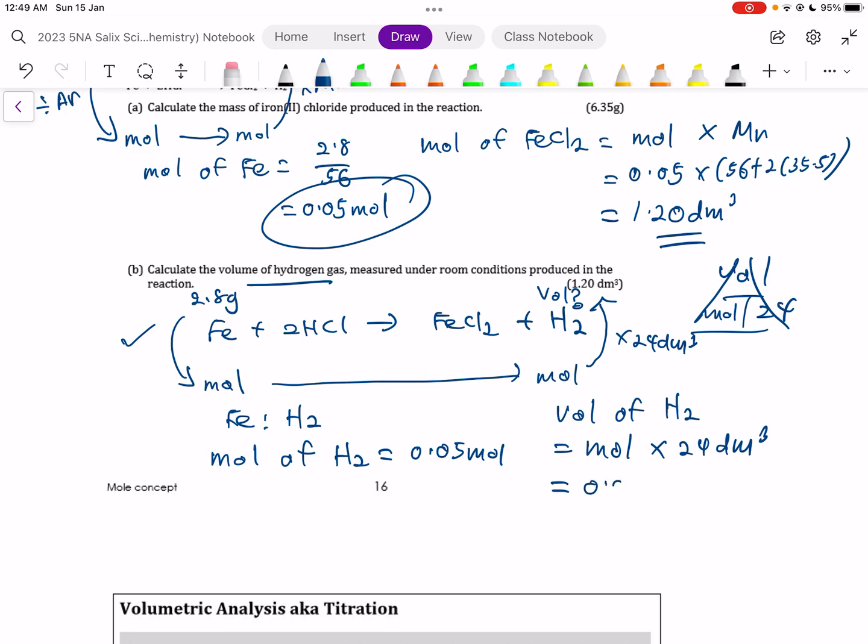So this is 0.05 multiplied by 24. So you should get 1.20 dm cube.